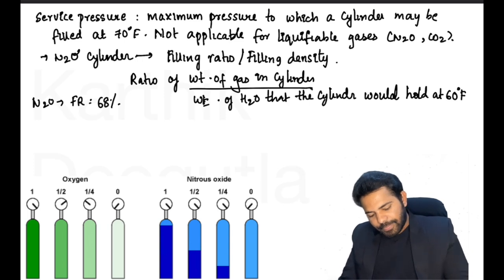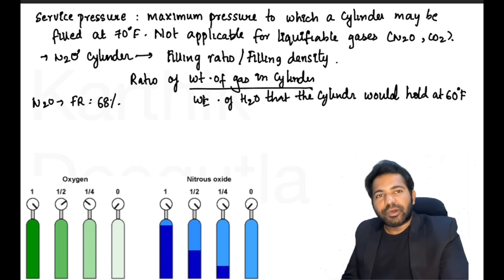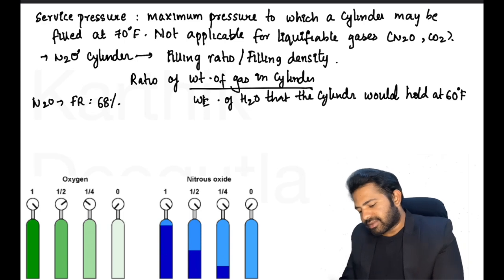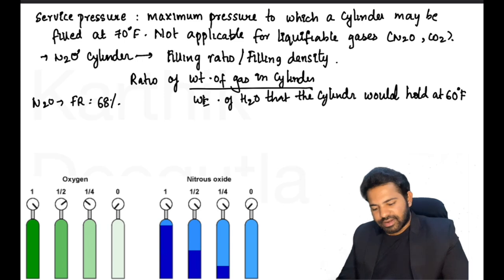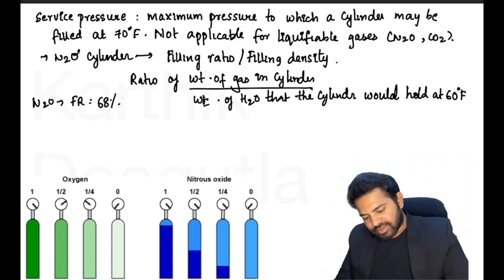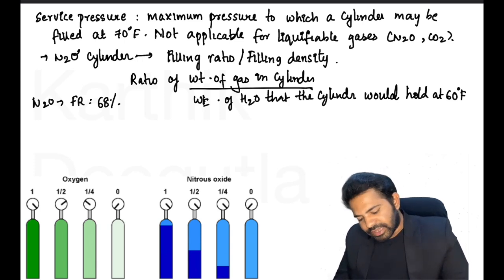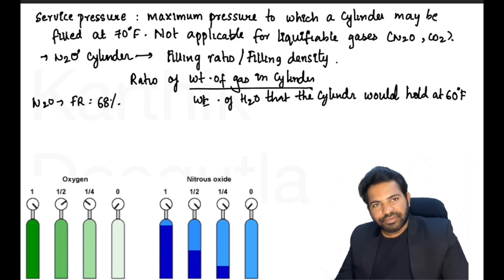Is this clear? Now there is a very important point over here which could be asked in your examination. If a cylinder is containing nitrous oxide, here in this picture you can see when the nitrous oxide cylinder is full, the pressure gauge shows that the cylinder is full.